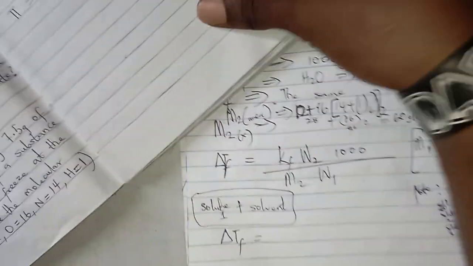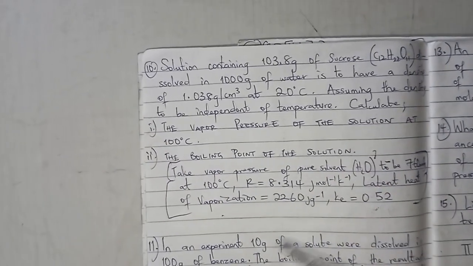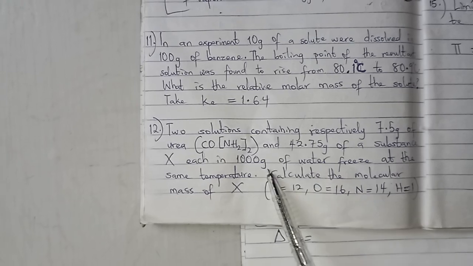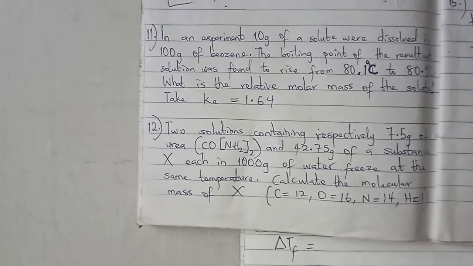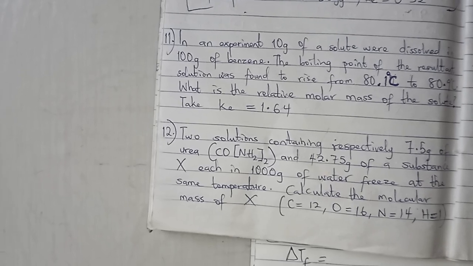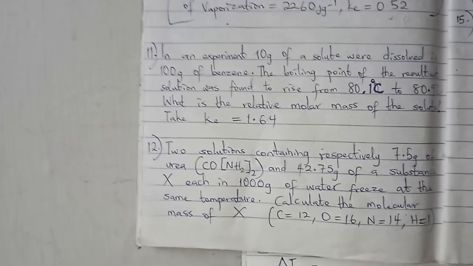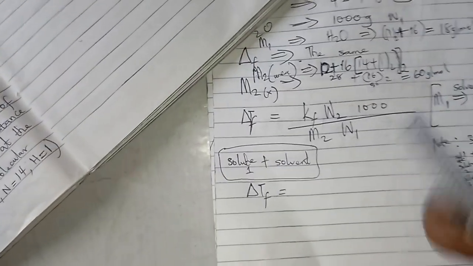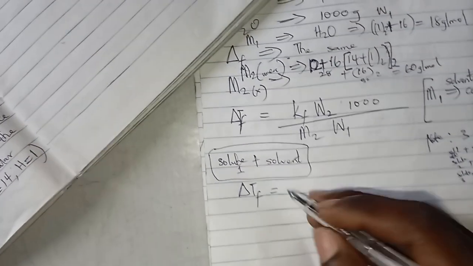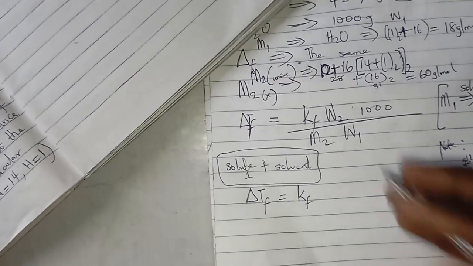Was K_f given in this question? Let's check. Okay, K_f was not given, but we can find K_f. So I have K_f not given. We can find K_f by using our cryoscopic constant.